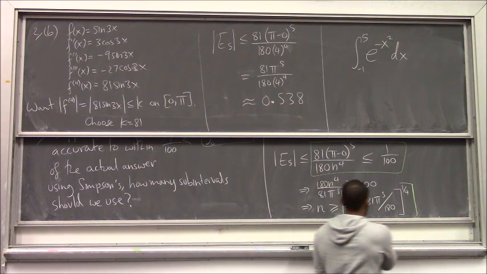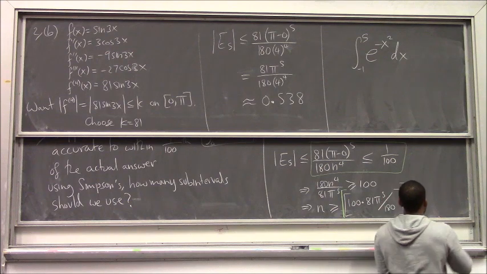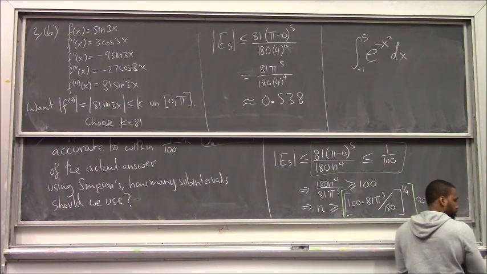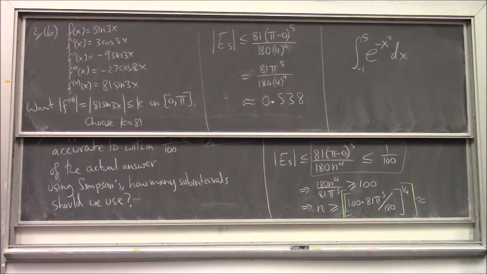So that would give us roughly what? So you can know how many subintervals you would need here. Now, of course, on a test, that would be your answer. You'd write this down, but I'm just using the calculator out of curiosity to see roughly how many n's we would need.